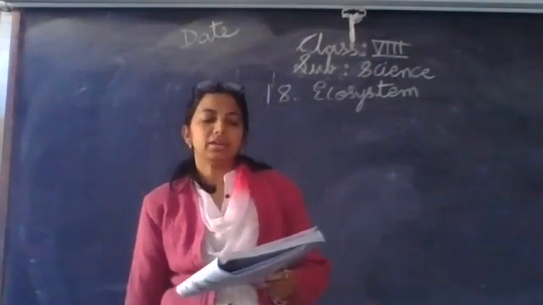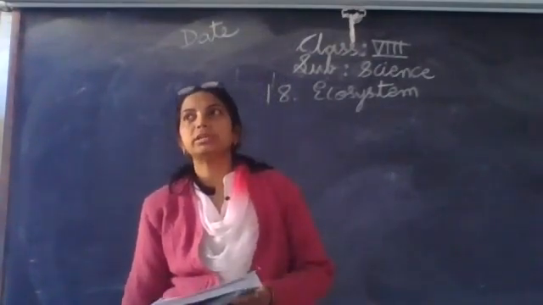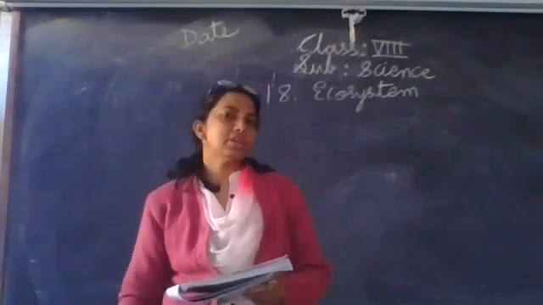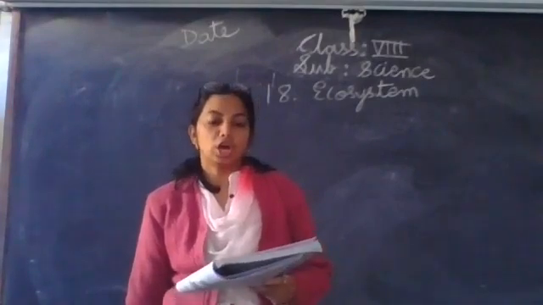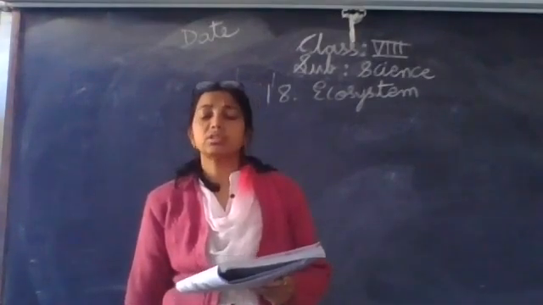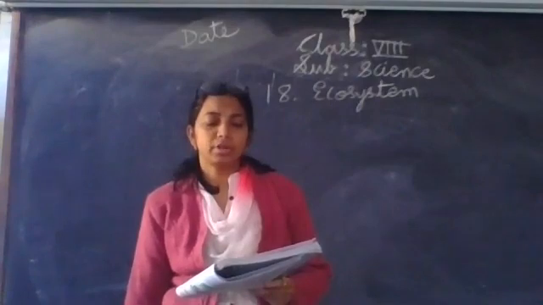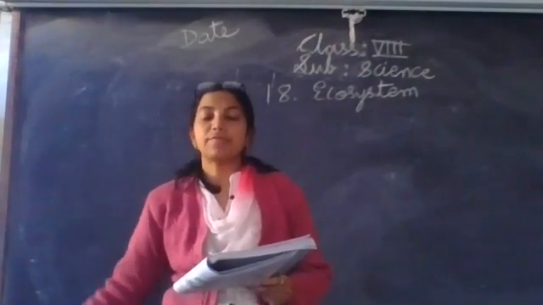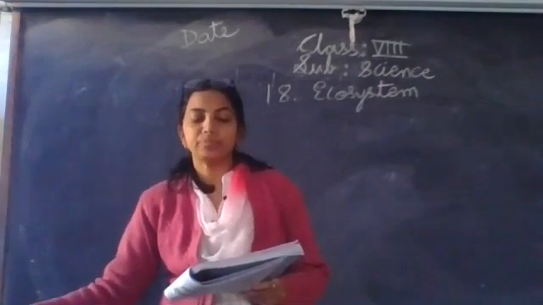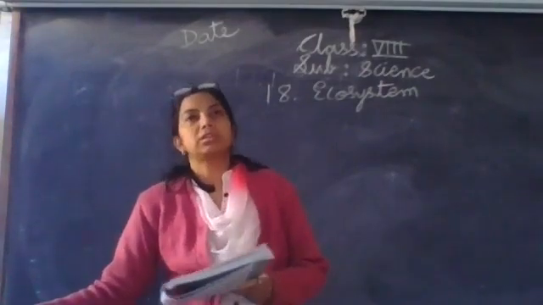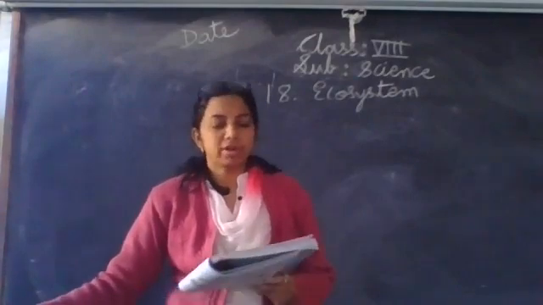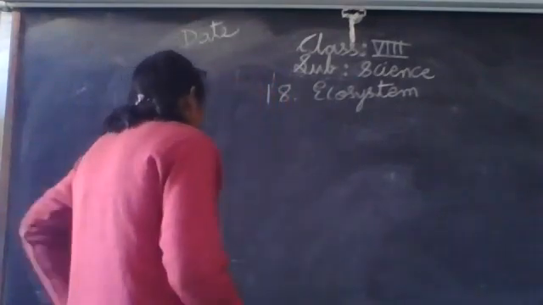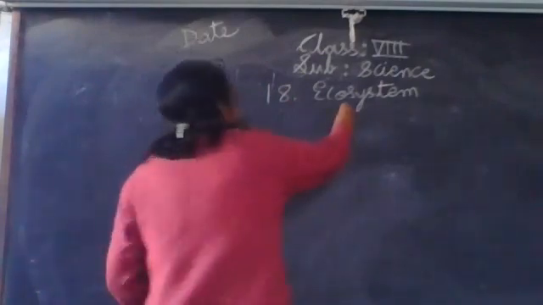So, living are also termed as biotic factors, and non-living are also termed as abiotic factors. Two types of factors are included in them, and the living ones are the biotic and non-living ones are the abiotic factors.